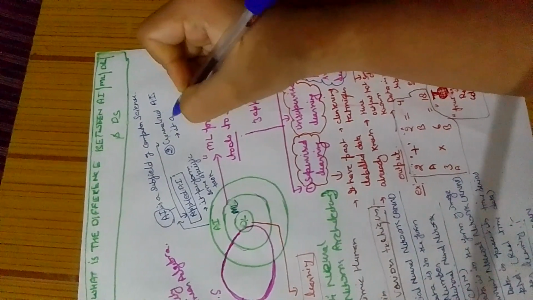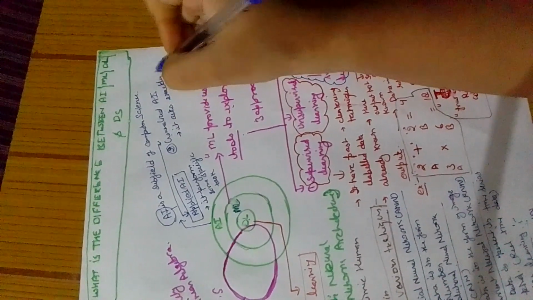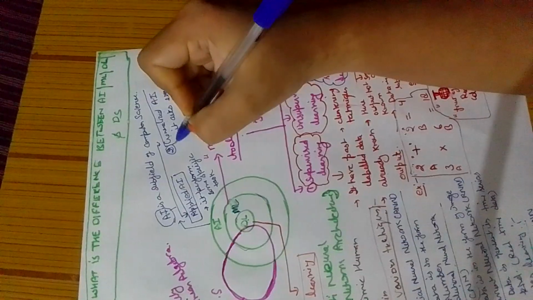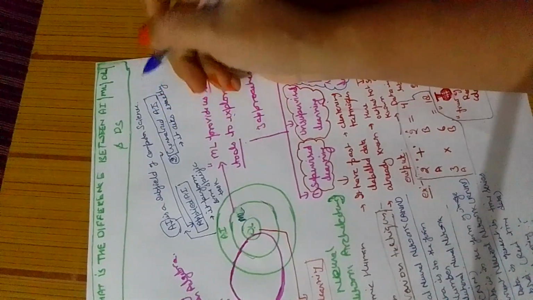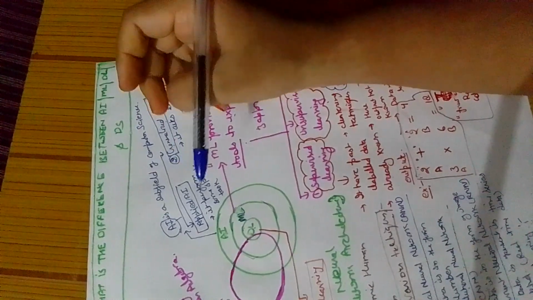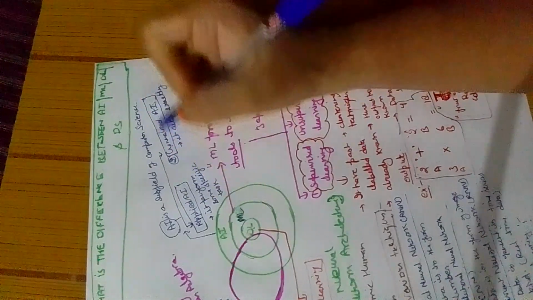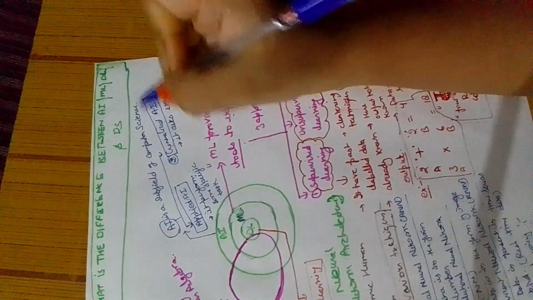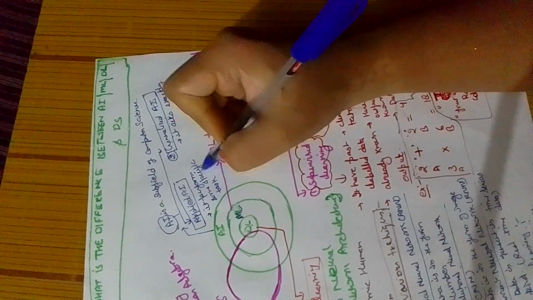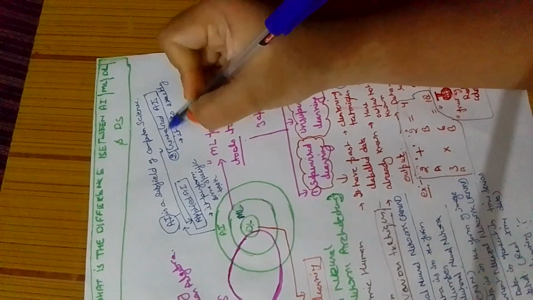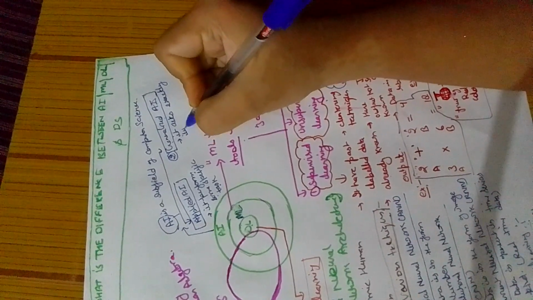It acts exactly like humans. Generalized AI, or nowadays we say generative AI. Fine. So there are two types of artificial intelligence. One is applied AI, second is generalized AI. In applied AI, it performs some specific task. Generalized AI acts exactly like humans.